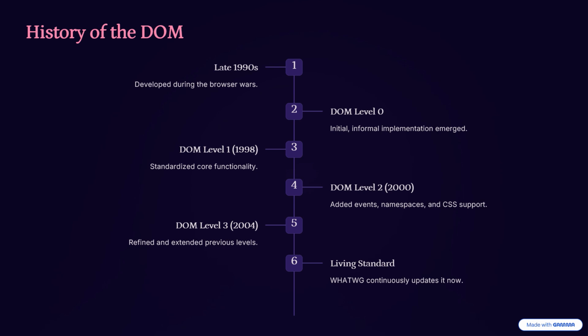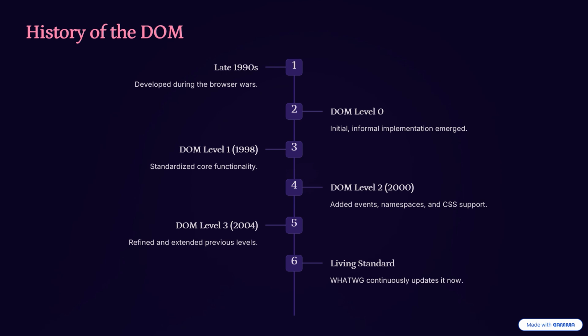In 1998, DOM Level 1 was introduced to define the core structure. Then, in 2000, DOM Level 2 added key features like events, namespaces, and CSS support. DOM Level 3 in 2004 brought further refinements, including support for XML parsing.